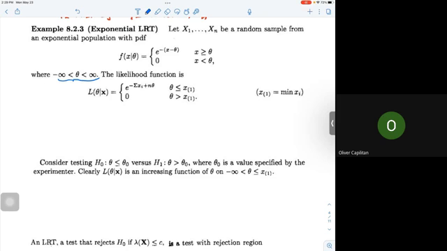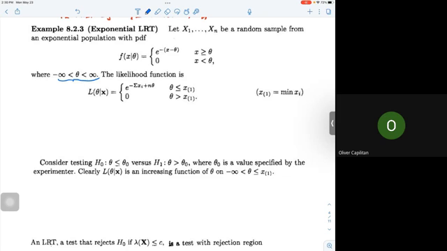So the likelihood function is this, okay, in which x sub 1, the minimum order statistic, based on our factorization criterion, is actually the sufficient statistic.